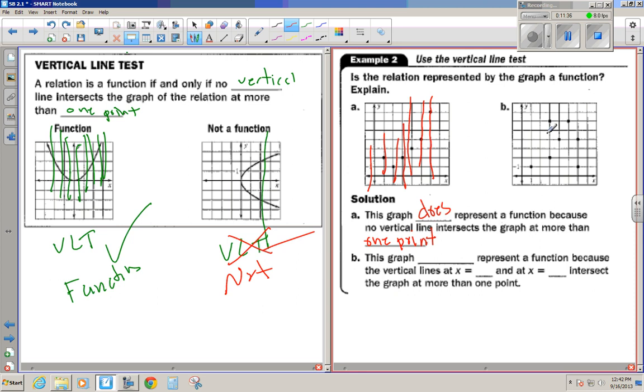Here, all you need is one example where it crosses twice. Once it crosses, this graph is not representing a function because a vertical line at x equals 3 and 6 intersect the graph at more than 1 point.